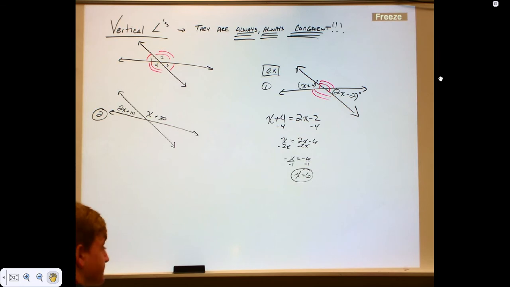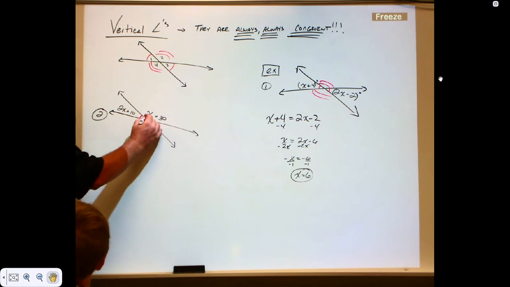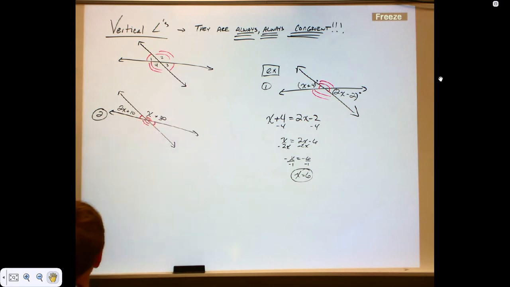Now, here's my question. Here's my question. What is congruent here? The opposite angles are congruent. So this angle is congruent to what? That angle is congruent to what? So does vertical angles help you here at all? No, it doesn't. When that doesn't happen, what was the thing I talked about before?